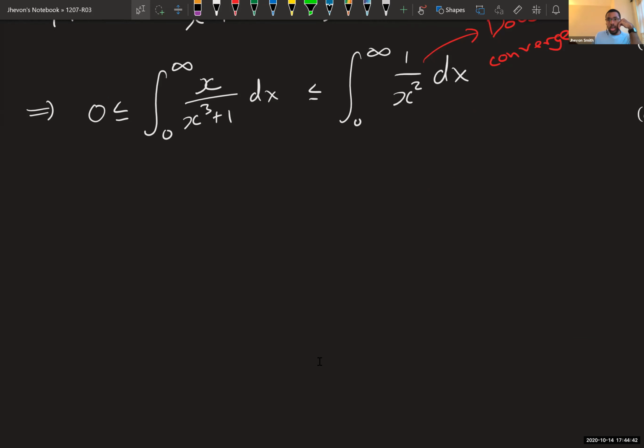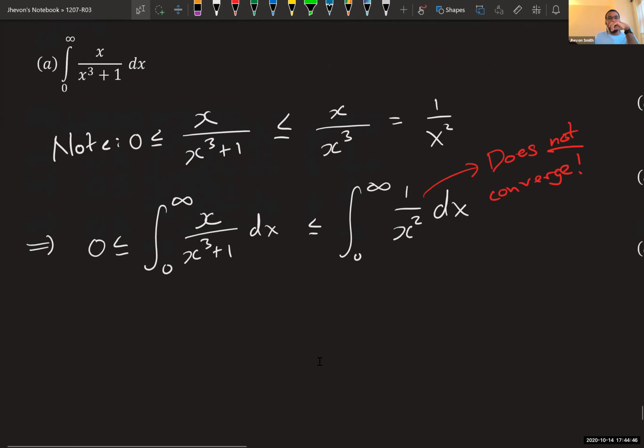Now, any ideas for what we can do here to get that to work out better? Can you use the limit comparison theorem? Yeah, but compared to what?